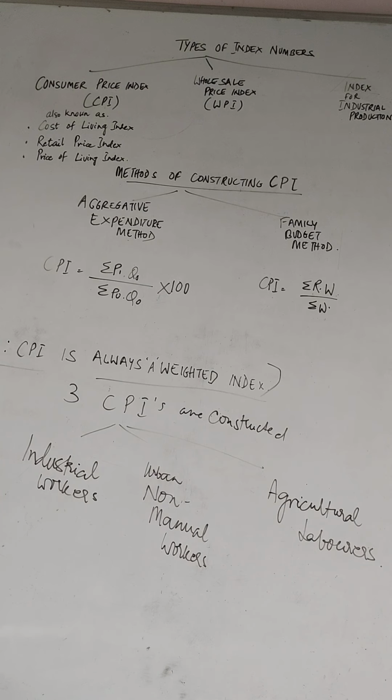This is necessary because their typical consumption baskets contain many dissimilar items. Like for example, I just showed you in the table all these groups, and the major commodities of the groups were shown in the table.